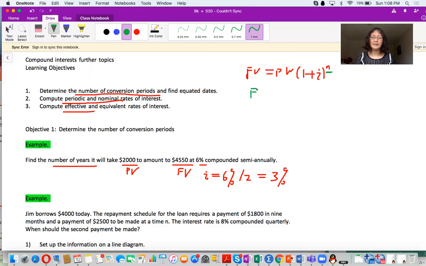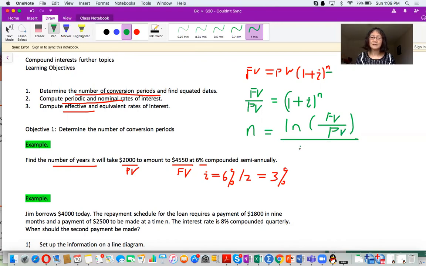We get FV divided by PV equal to 1 plus i raised to power n. And then we use the property of the logarithm function. So we solve for n equal to ln of FV over PV, divided by ln of 1 plus i.